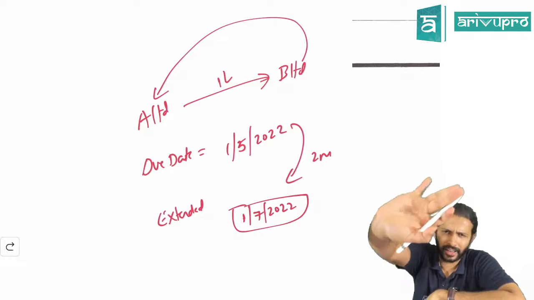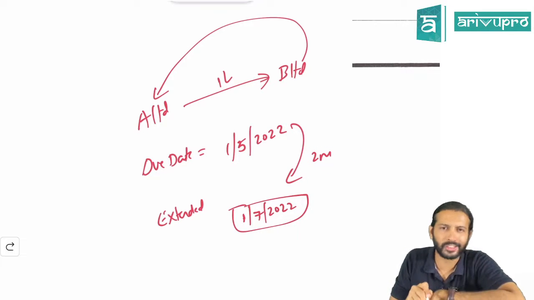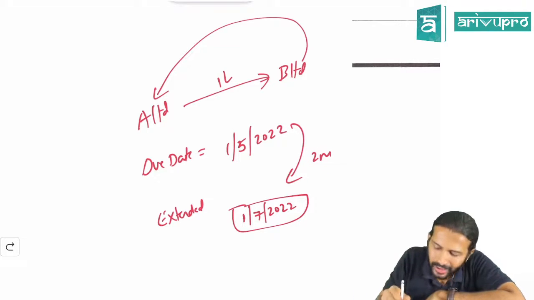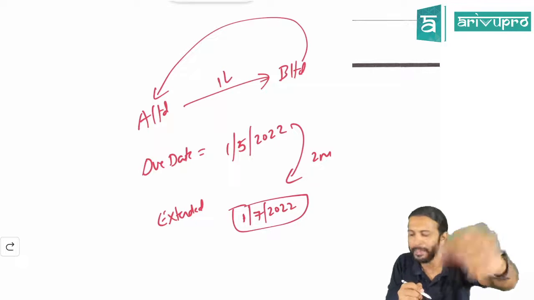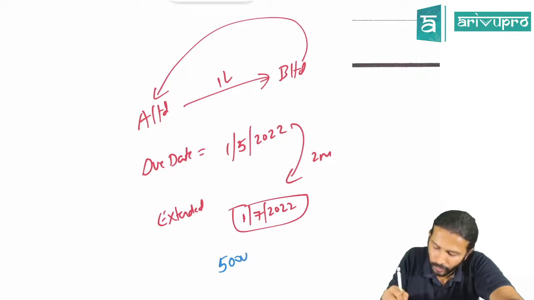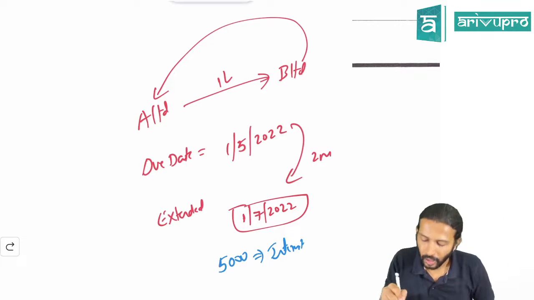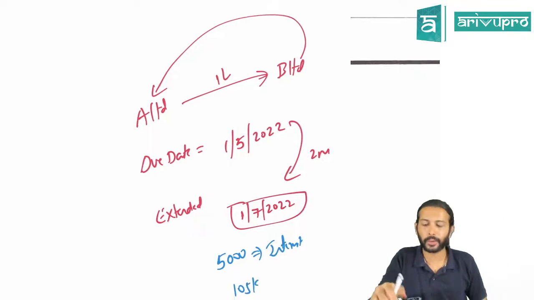A Limited says, I understand your problem, but you are delaying the payment by 2 months, right? So I will not accept 1 lakh rupees. Pay me a little extra. You give me 500 or let's say 5,000 rupees extra as interest. So on the new due date, A Limited will collect 1,05,000 from B Limited.